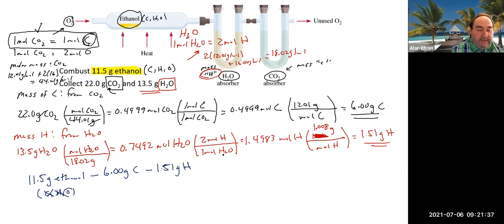That tells us the mass of oxygen left over: 11.5 minus 6 minus 1.51 is approximately 3.99 grams, pretty close to 4 grams of oxygen. Any questions on that?